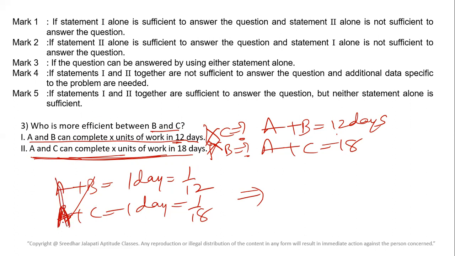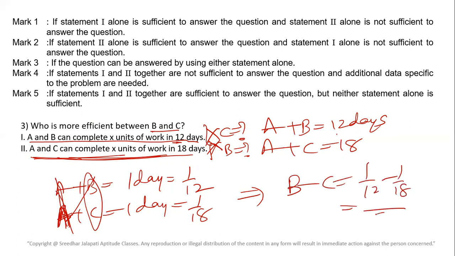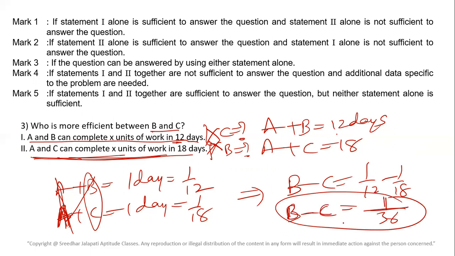So when I subtract, A and A get cancelled, you'll get B minus C as 1 by 12 minus 1 by 18, LCM 36, 3 minus 2, 1 by 36. B minus C, 1 by 36, is nothing but the work done by B is 1 by 36 more than the work done by C. Or from this, can I write B is equal to 1 by 36 plus C? B is equal to 1 by 36 plus C is nothing but B does 1/36th work more than what C does.